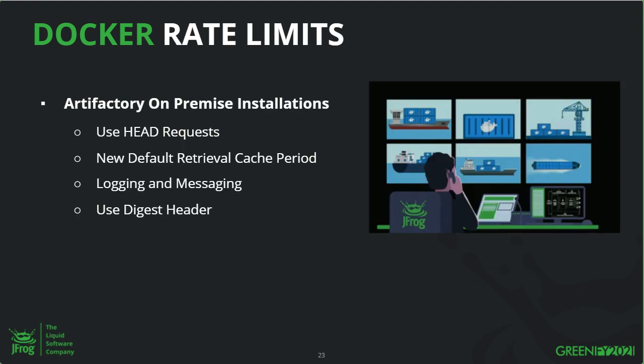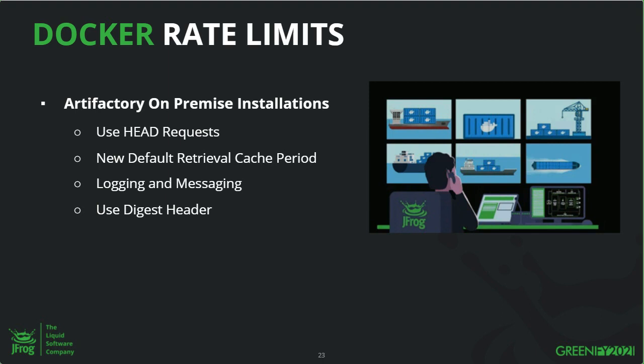We also did some technical changes in Artifactory itself to make sure our on-prem users are not affected, or affected as little as possible. So we introduced several new features. The first one is the usage of head requests.